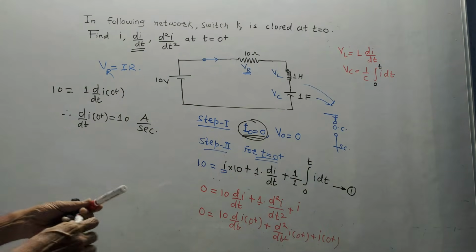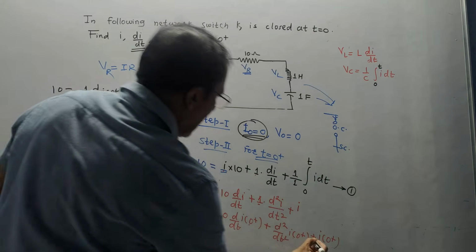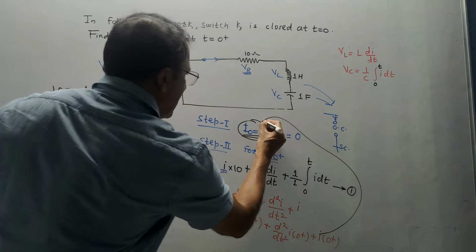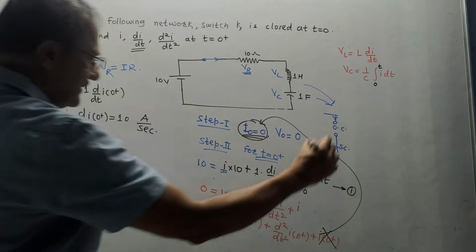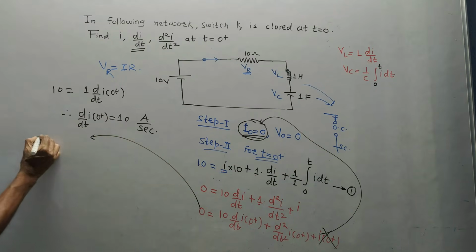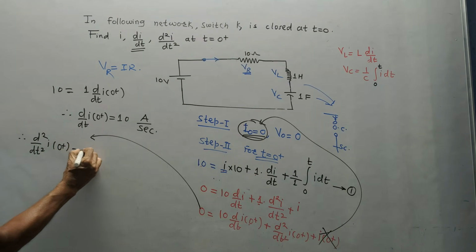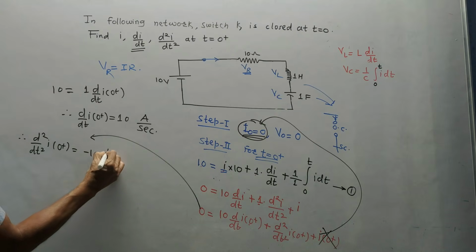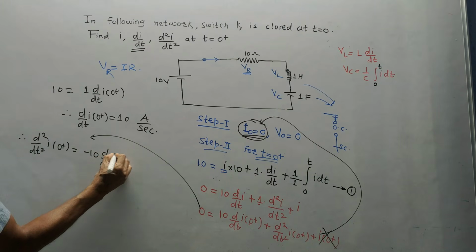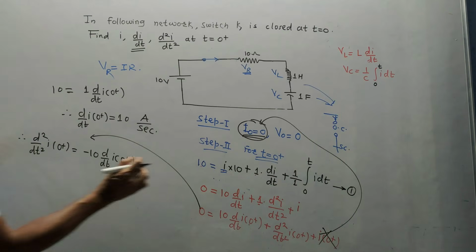Now the term I of 0 plus is I0, that is the initial current. We discussed it is 0, so it gets eliminated from this equation. I can well write this as, therefore d square by dt square of I of 0 plus is equal to minus 10 d by dt of I of 0 plus. I have simply transferred this term to the LHS.